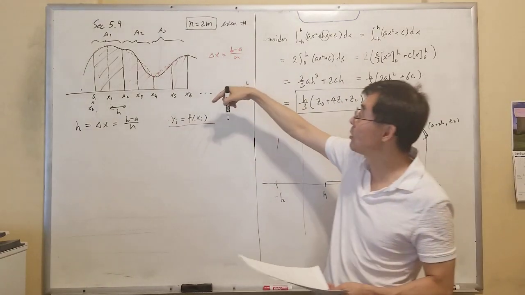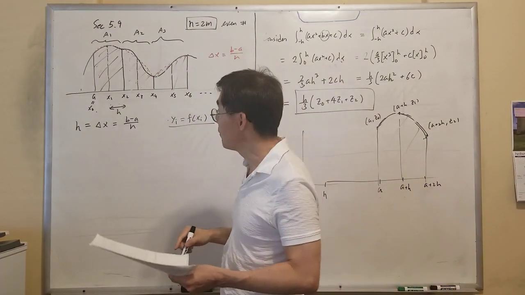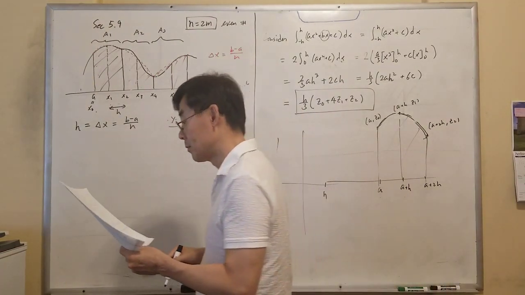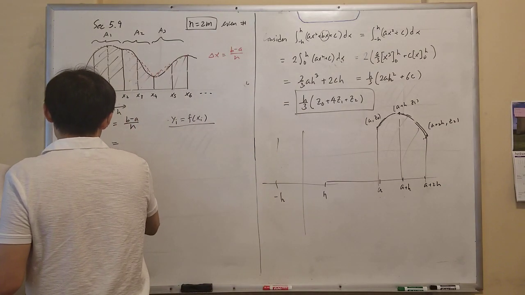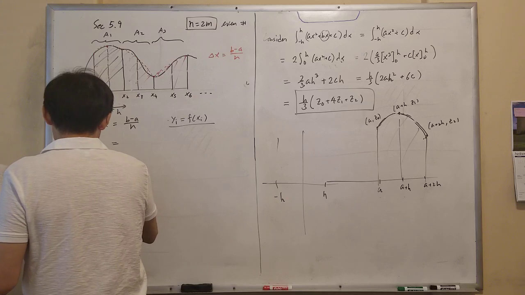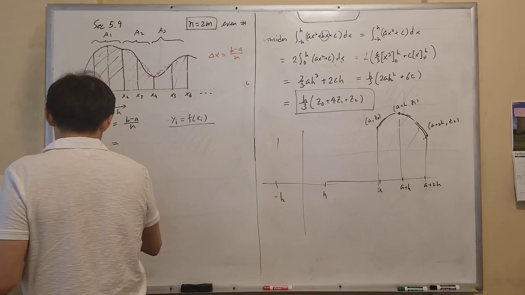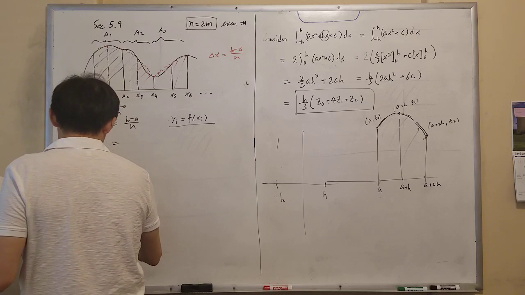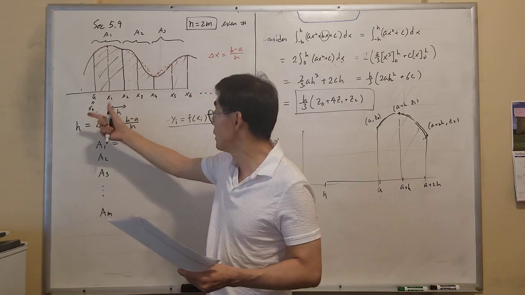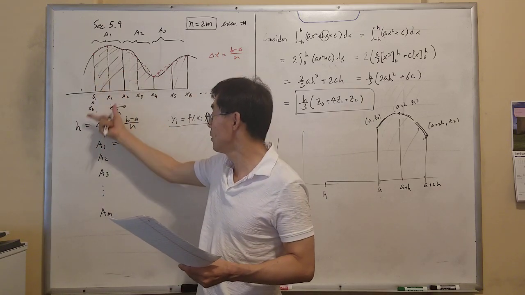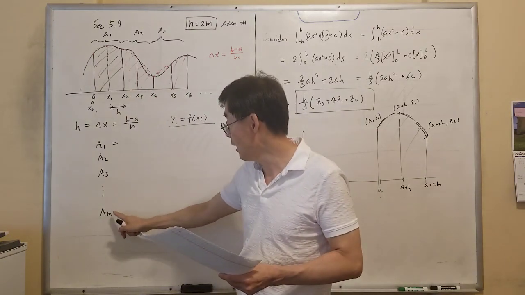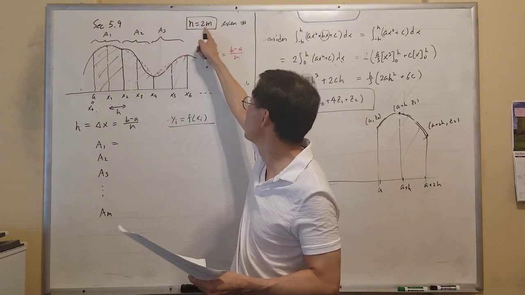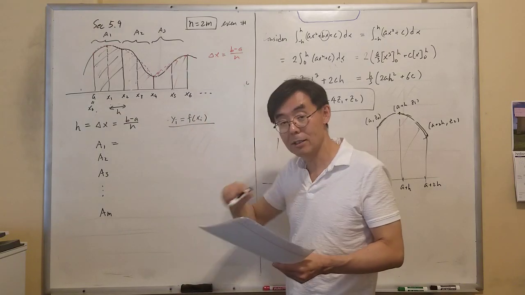So if n equals 10, m equals 5. Then a1, a2, a3, all the way to am. These two parts together are a1, the next two parts together are a2, and so on. So am will cover 2m parts, so n, the entire interval.